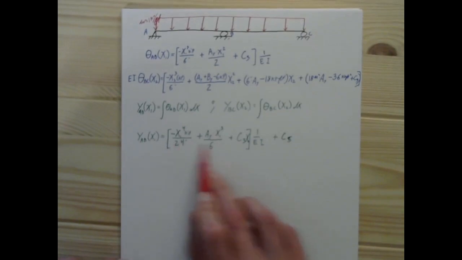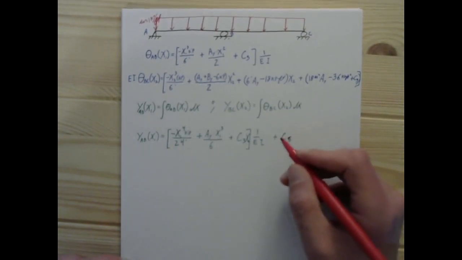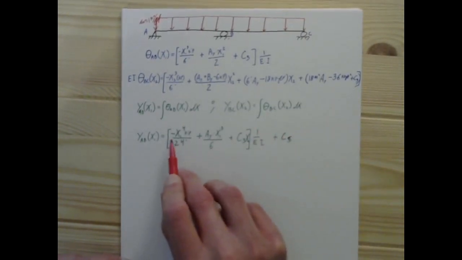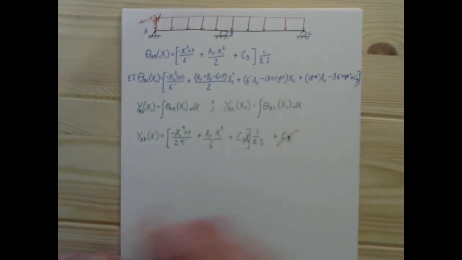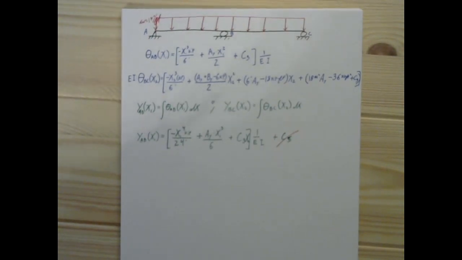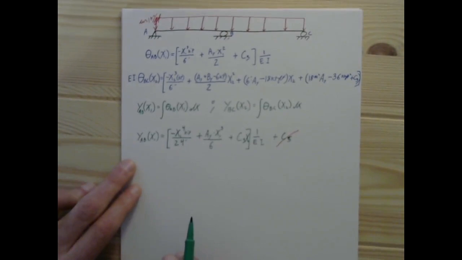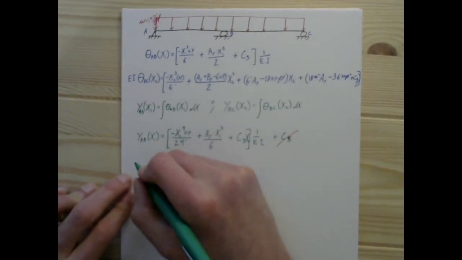So if we plug 0 in for x, that term turns 0, that turns 0, that turns 0. That has to be 0 as well, so we don't have to worry about that constant of integration. Now the next one is going to be a long function, but let's just do it.